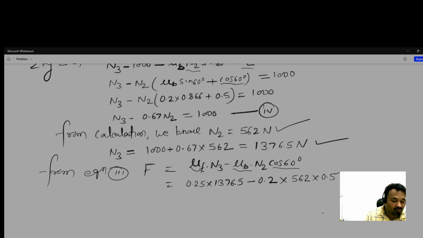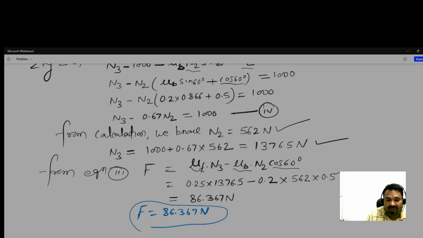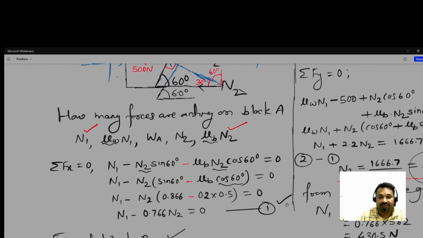So ultimately what we get? We get 86.367 Newton. So this is the minimum force required to keep in balance, in equilibrium. So F is equal to 86.367 Newton. Force is required to keep equilibrium to the system.